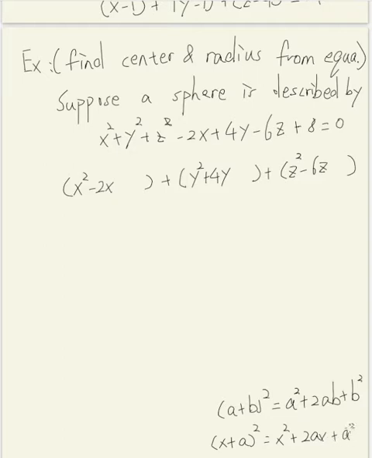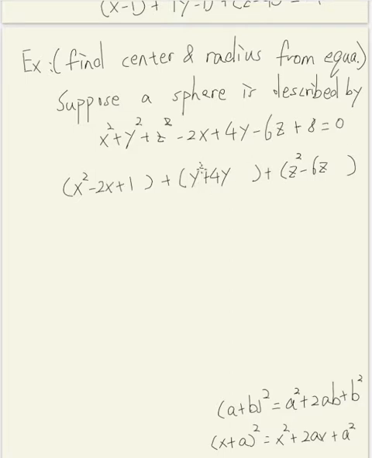I'm just changing the letters here because we're using x plus something, y plus something, z plus something. Now if we want to form a complete square right here, that means our 2a has to be minus 2, therefore a has to be minus 1, therefore we will get (x minus 1) squared, and the constant we need is plus 1.